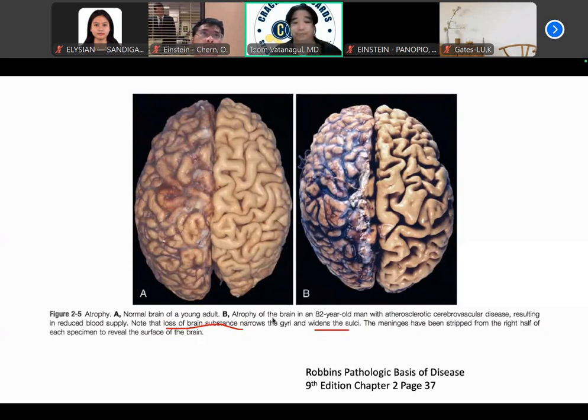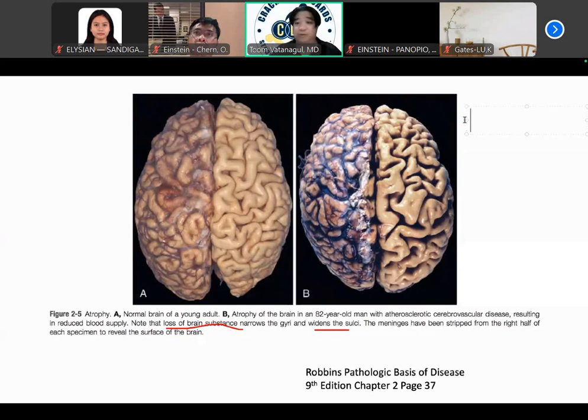Now, question: what is the famous neurologic disease which is characterized by atrophy of the brain, defined as widening of the sulci, narrowing of the gyri, and the loss of the brain substance? So we have Alzheimer's disease.